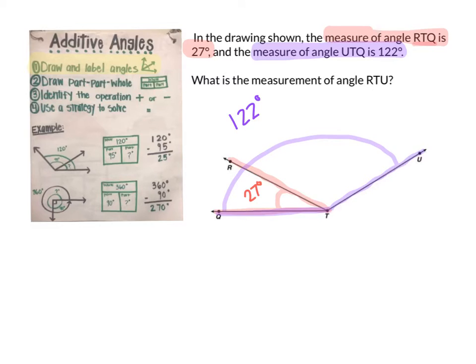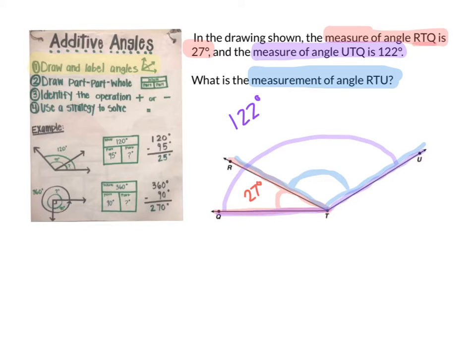Next up, we want to solve for the measure of angle RTU. So let's take a look at which angle that is. RTU. So I'm starting at R, trace down to T, and I end at U. So now we're talking about this angle here.